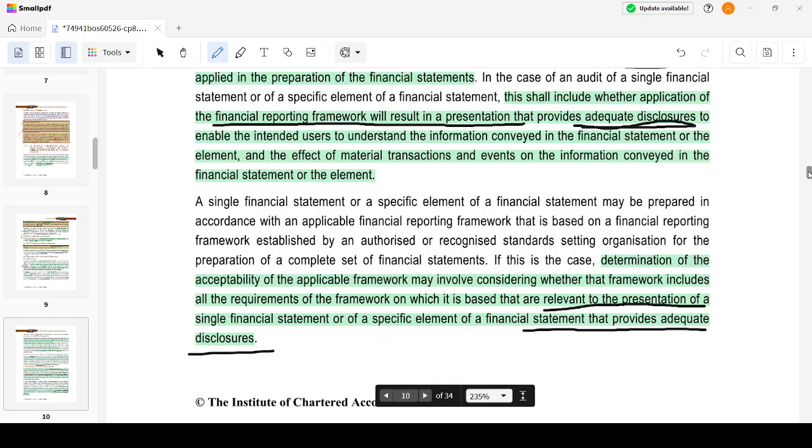Say, for example, there is no particular requirement which says the statement of cash flow requirement in the Companies Act. Assume there is only a requirement which is given for the complete set of financial statements. Then I should check whether all the related presentation and disclosure requirements for the cash flow statement have been complied with in the single financial statement.